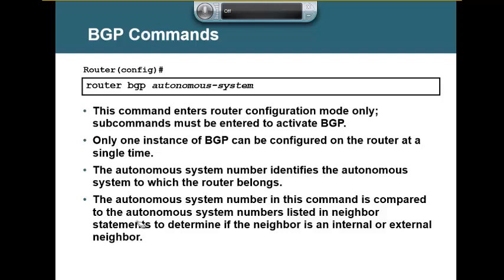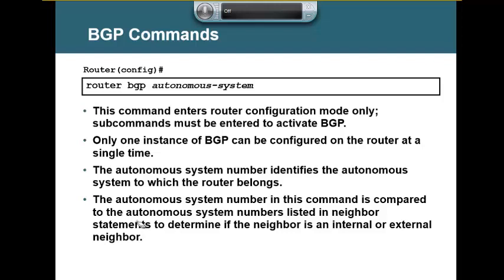But BGP, even if you create VRF, you cannot have more than one BGP for the entire router. Not possible to have one VRF, one BGP. Not at all possible. One BGP will be part of the entire physical router.